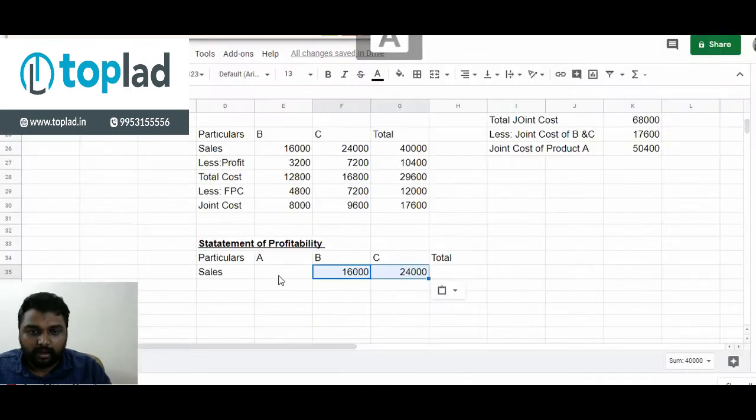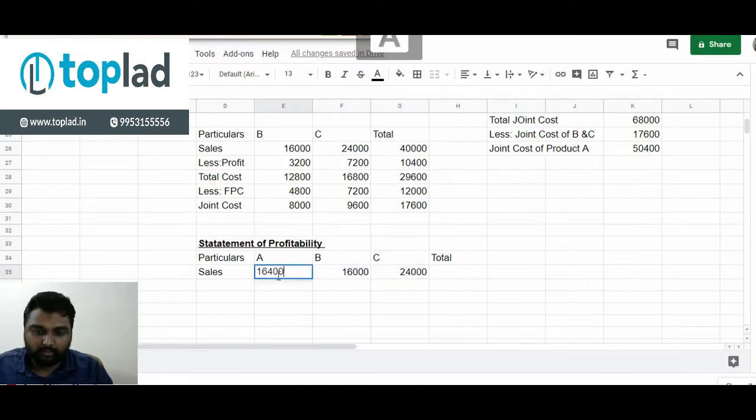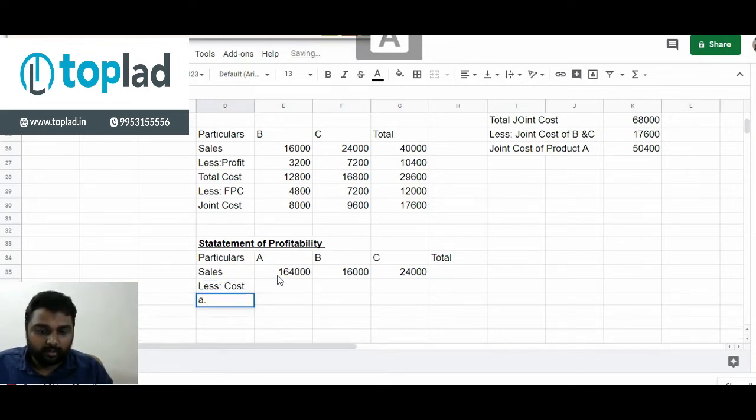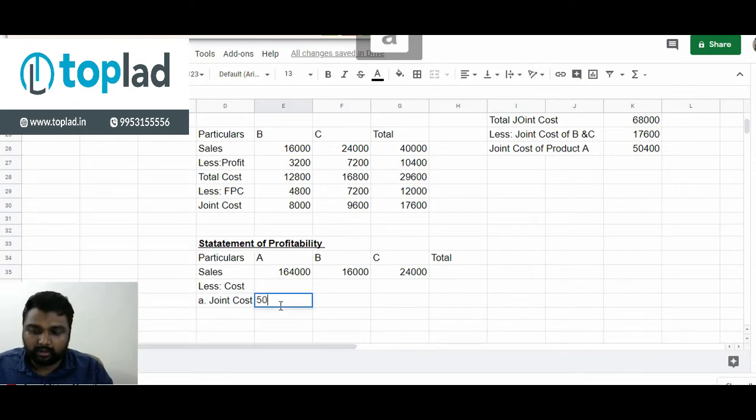Lakh and 64. Now less cost. First one, joint cost. We know two costs will come. For A, joint cost is 50,400. For B, 8,000.